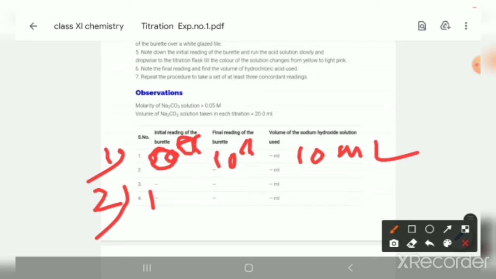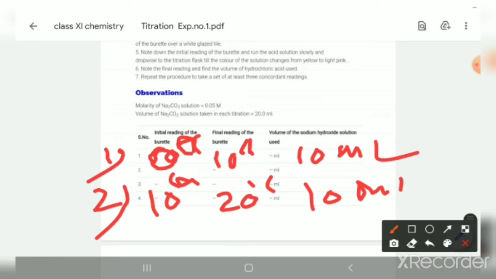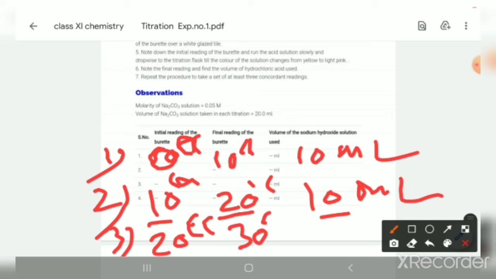Second time suppose the initial is 10 cc, then the final is 20 cc, and this again will be 10 ml, because this minus this is equal to the consumed HCl. Third time suppose 20 cc is the initial reading and then 30 is your final reading, then again 10 ml. So this is the volume of the HCl you used here.